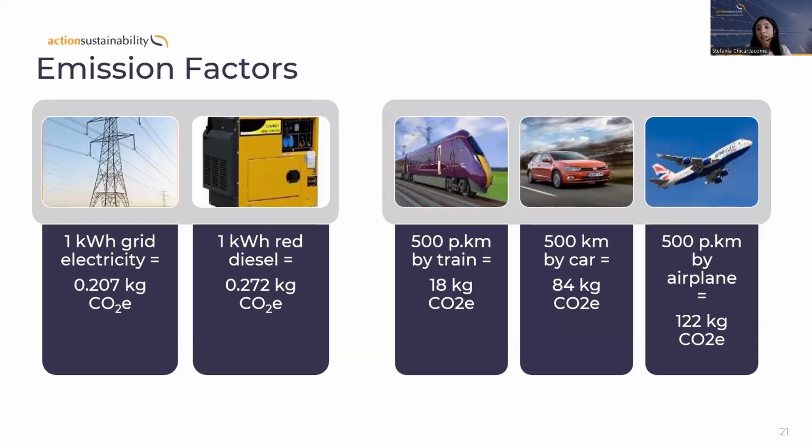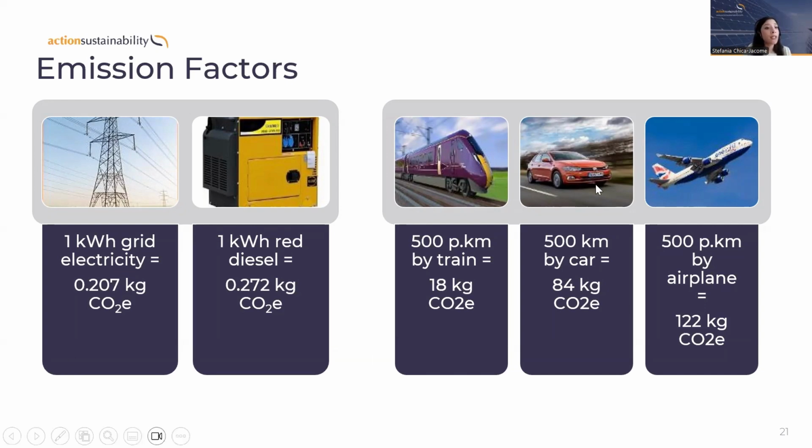So the idea of doing all these calculations is that it helps you understand the carbon impact of different options, and based on that, you can make better decisions. On this slide, we have an example of doing these calculations to compare different modes of transport here on the right-hand side.